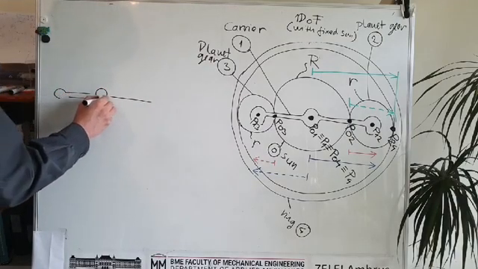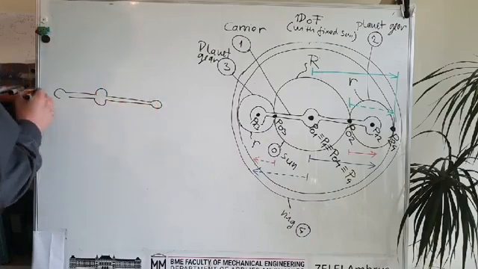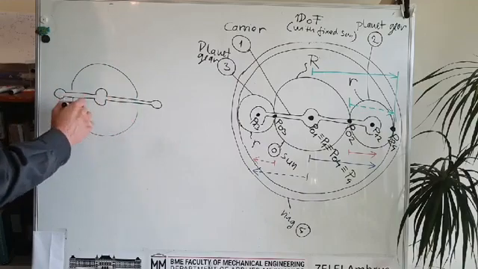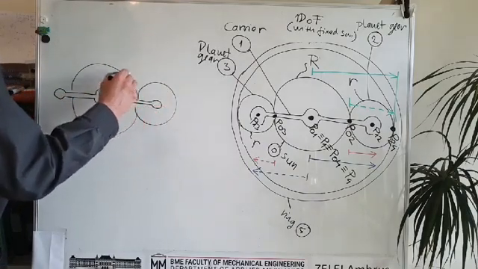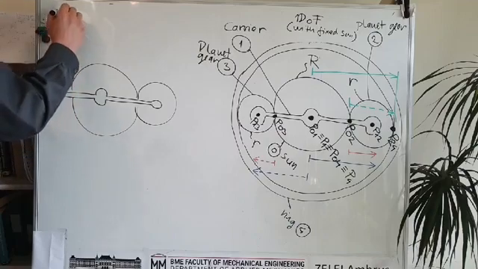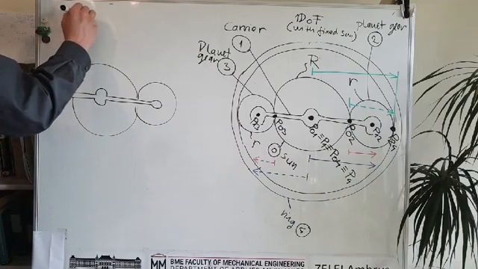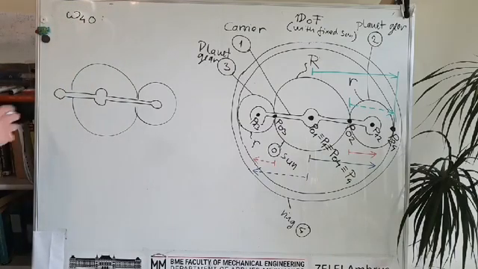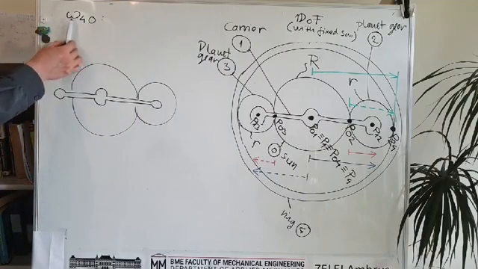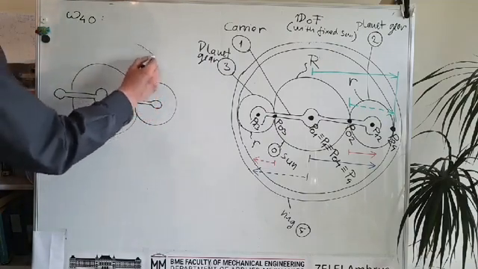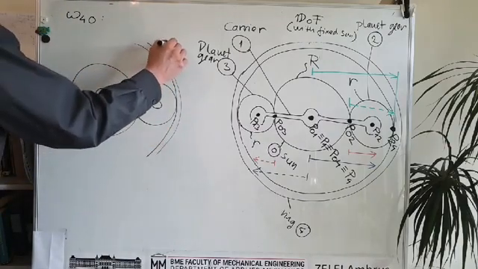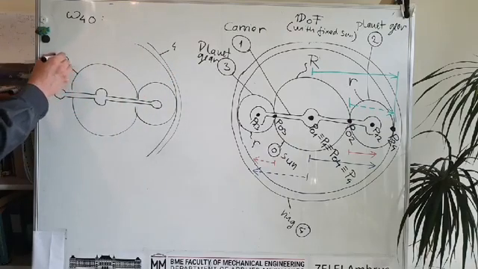So this is the carrier, and this is the sun here, and this is the planet gear on the right hand side, and this is the way, by another graphical approach, to compute the angular velocity of the ring relative to the sun.